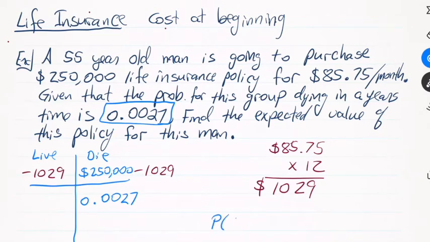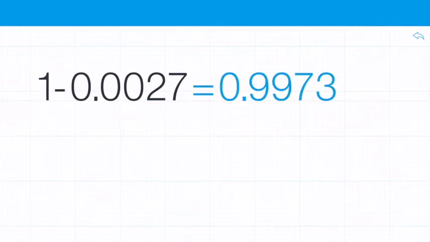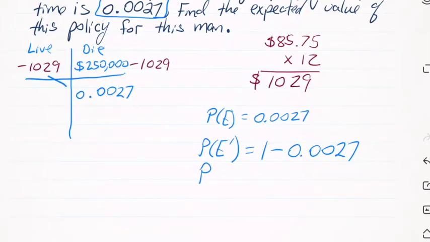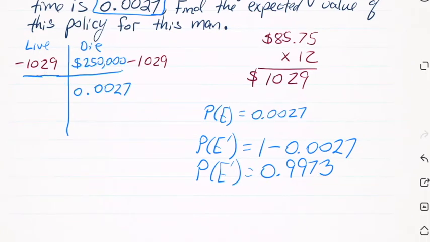So the probability of my event is 0.0027. Therefore, the probability of my event's complement, i.e. living, is going to equal 1 minus 0.0027, which is 0.9973.